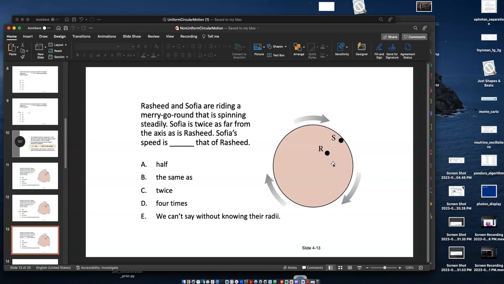But if Sophia is twice as far as Rashid, then we have to add in that r factor twice. So her radius is twice that of Rashid, and therefore her tangential velocity is twice his.